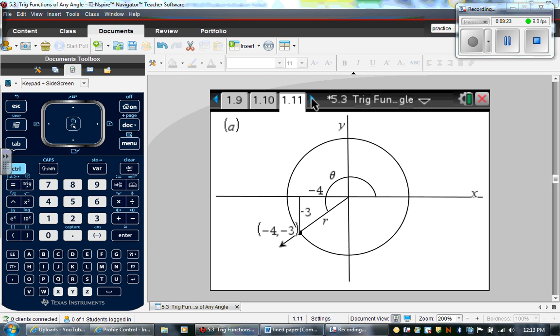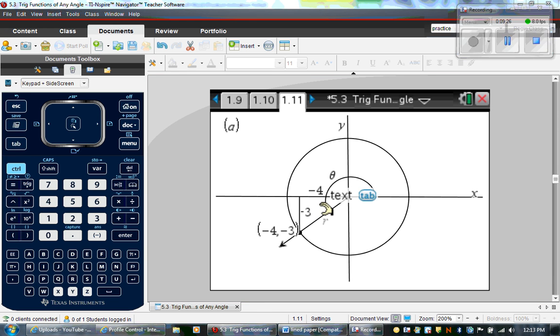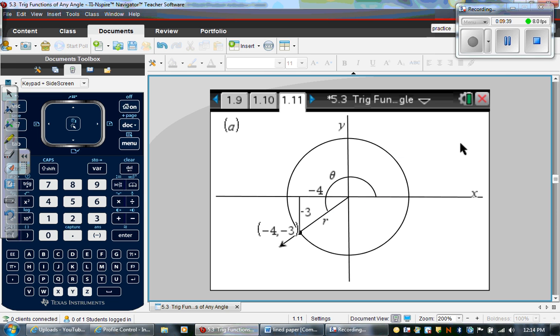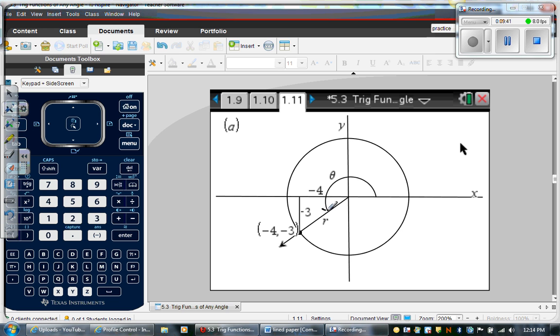And what I should have in here that I seem to be missing is my direction of rotation, which is right here. Okay, there's my direction of rotation.